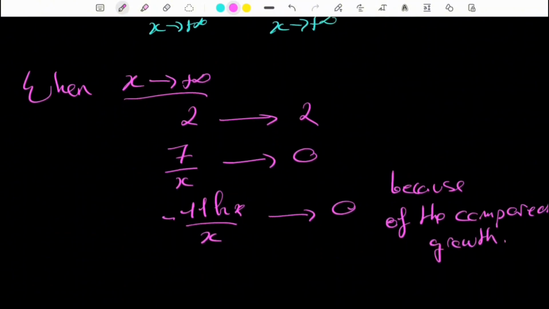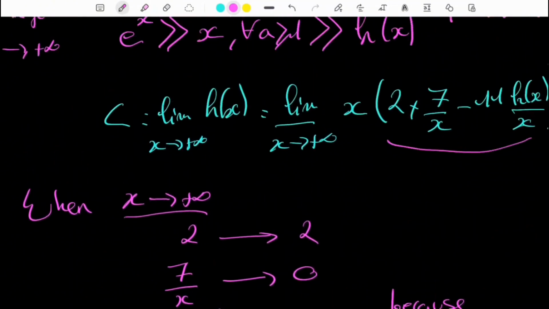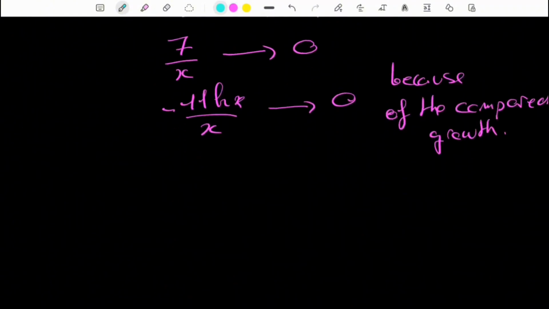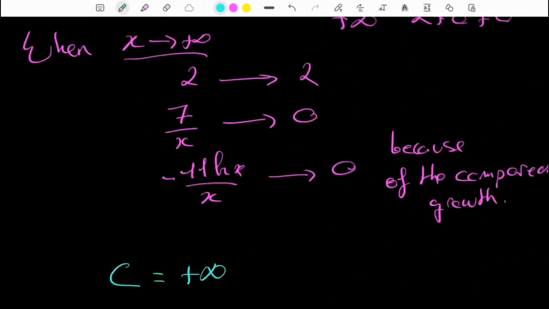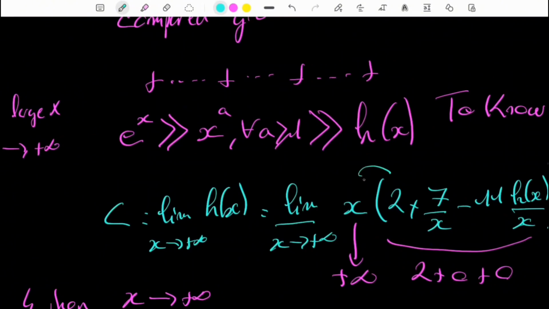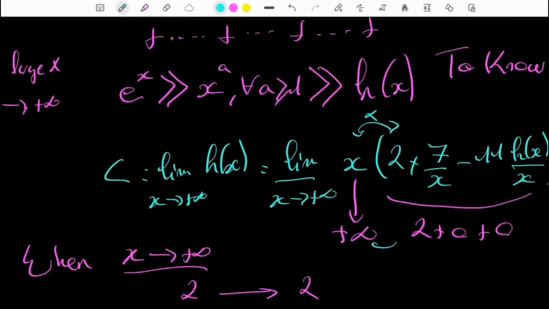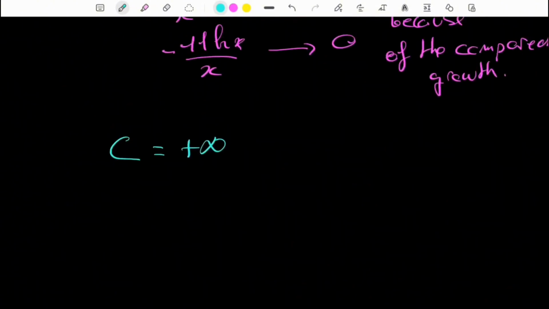So we will have 2 plus 0, and x tends to plus infinity. So easily we have c is equal to plus infinity.